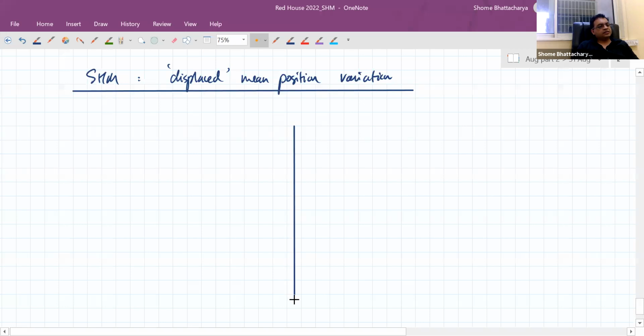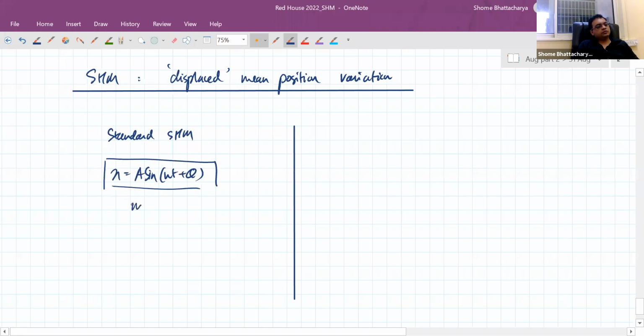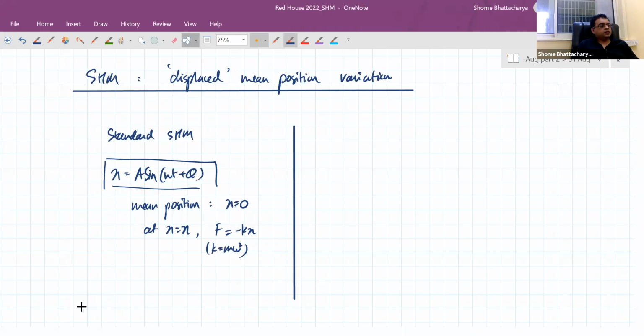So standard SHM is of this type: x is equal to a sine omega t plus phi, where we understand that the mean position is basically the origin, and at x equal to x, there's a force of minus kx, where k is m omega square. Okay, so that is the standard type of SHM that we have derived and understood in detail.